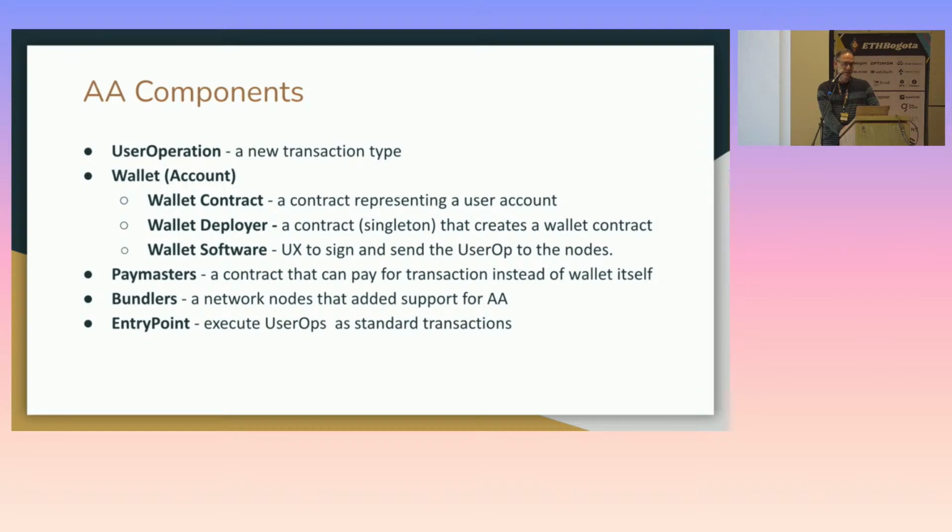That is, they verify the transaction and decide whether this transaction is valid for their own payment system. Bundlers are the nodes that support account abstraction and put these user operations on the chain. And the entry point, this is the one contract we deliver that executes on-chain the transaction, performs all the validation, orchestrates all the system.